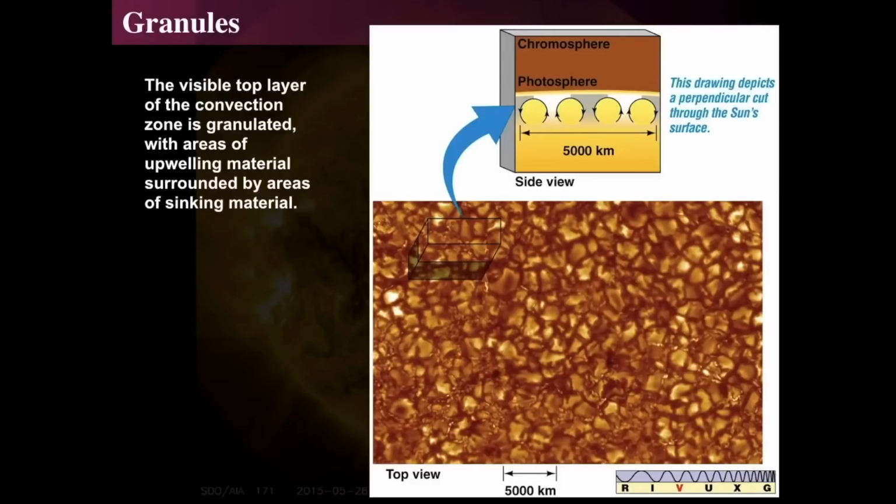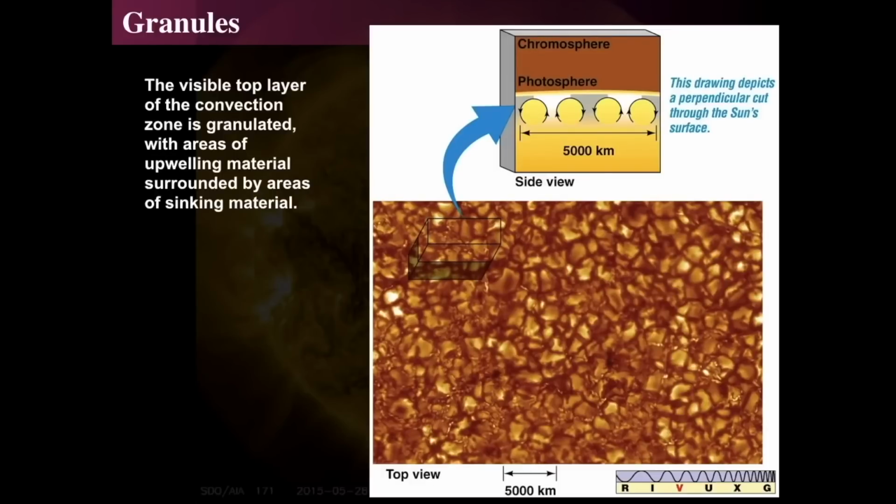When they get to a place where they can cool off enough, they emit light, and that's when we see the light coming from the granule. But because it's a hot gas, if it emits light, then it cools off. If it cools off, then it'll sink because in a convective flow, you have hot gas rising and cool gas sinking.